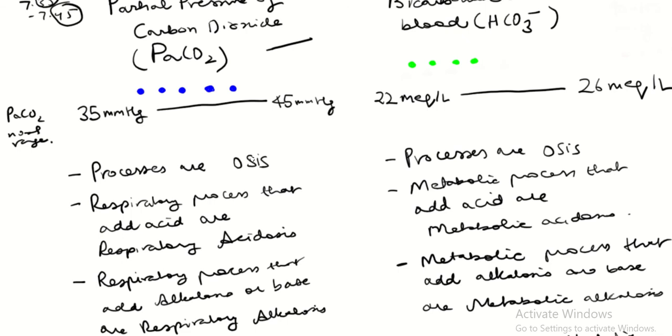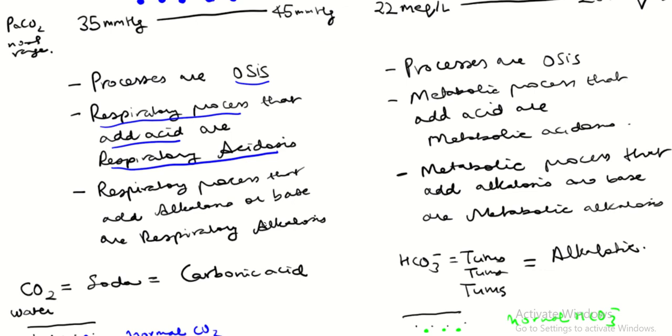Respiratory processes are measured with partial pressure of CO2, PaCO2, and normal is 35 to 45. Now, another process is osis. A respiratory process that adds acid would be respiratory acidosis. Respiratory processes that cause alkalemia, remember acidemia and alkalemia, are respiratory alkalosis.